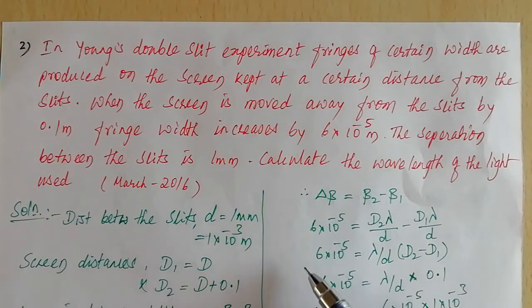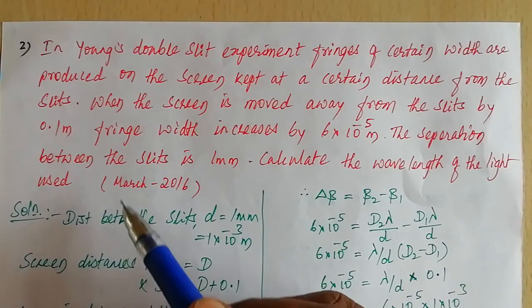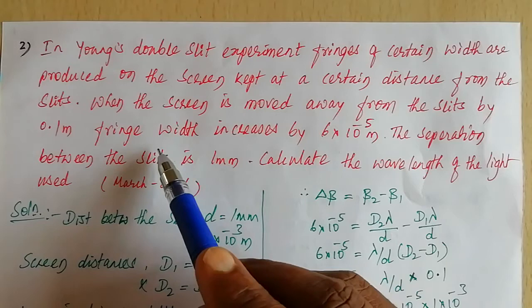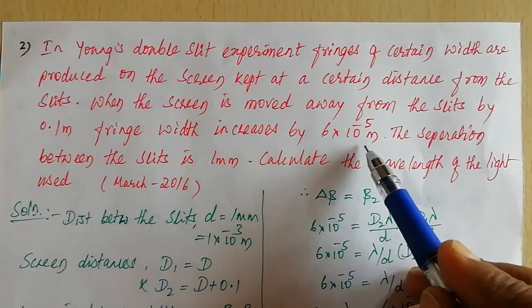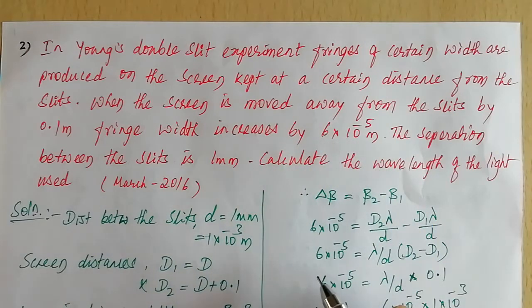So in the previous sum, the new fringe width was given with the increase in screen distance. Here, with the increase in screen distance, the fringe width increases, and they have given the increase, that is, beta 2 minus beta 1 is given.